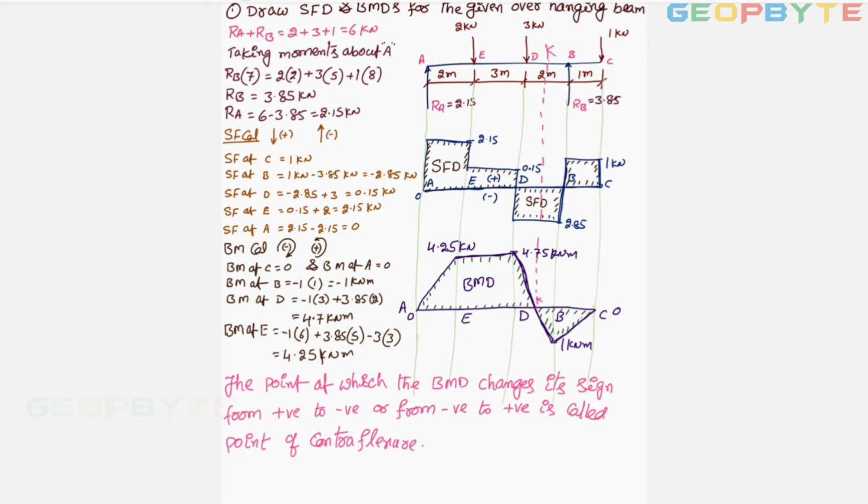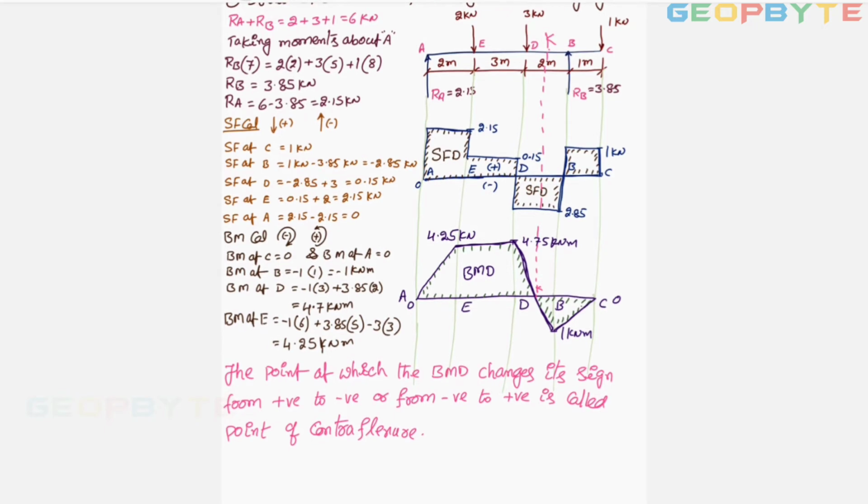At that point of contraflexure, what is the BM value, my dear students? Look at the BM diagram. The bending moment value is 0, because the bending moment diagram changes its sign there.